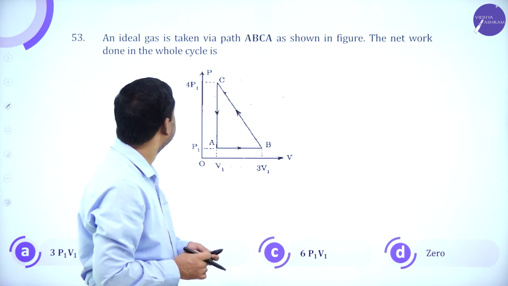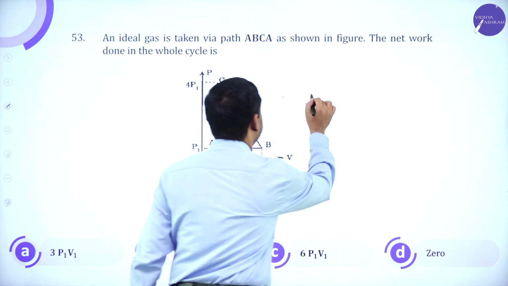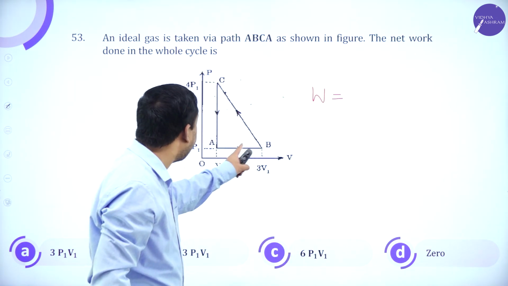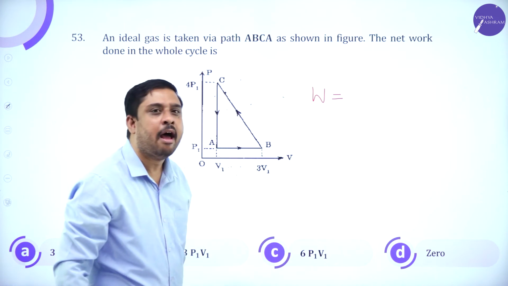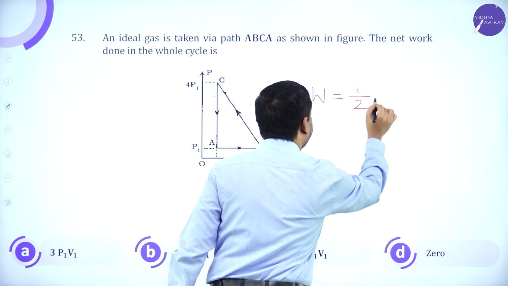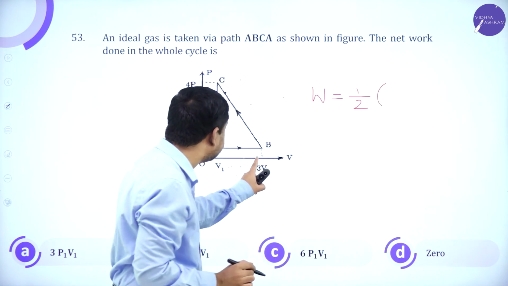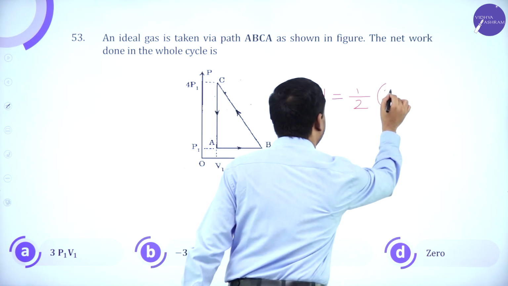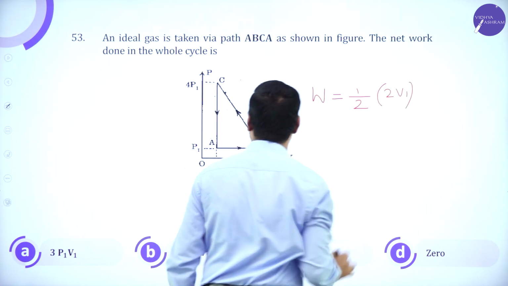Again, the work done. So work done is the area under this triangle, half base into height. Half base is 3V1 minus V1, which is 2V1.